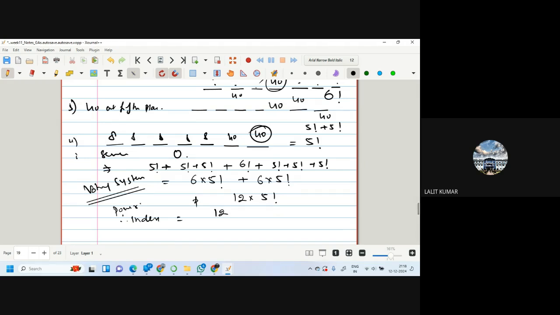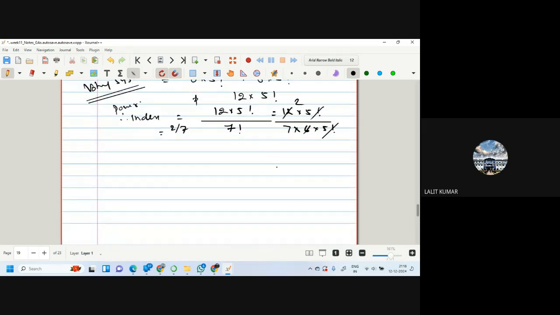So this will become 12 into 5 factorial divided by 7 factorial, because total arrangements were 7 factorial. So this will become 12 into 5 factorial over 7 into 6 into 5 factorial. Cancel 6 into 12, so it becomes 2 by 7.